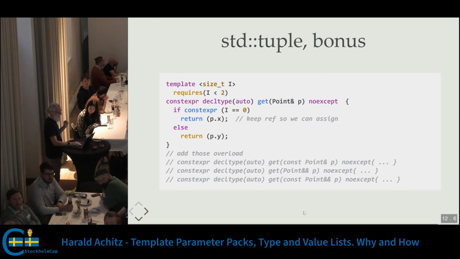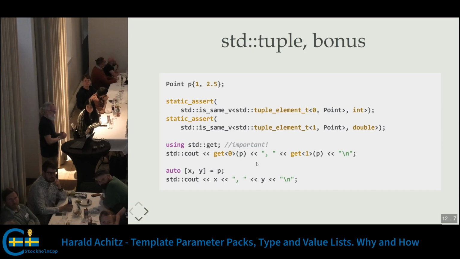And interestingly, if you look at the get method for the standard library, they have the const rvalue reference, because sometimes the type turns into this, and then you want to have the optimization for this. But if you implement this, you have your point as a tuple, and this is what you can do. You define your thing, and you can access this like a tuple with the structured binding and so on.